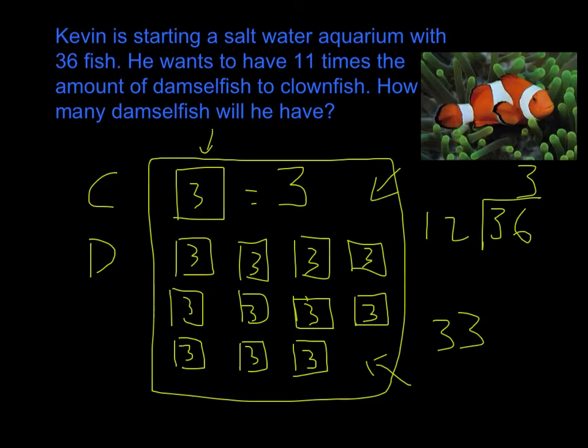Now the question asks how many damselfish he will have. The only answer that is important in this case is the 33 damselfish. And that's how you compare the relationship and the quantity of 2 amounts using these bar models.